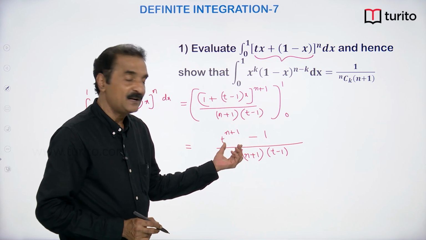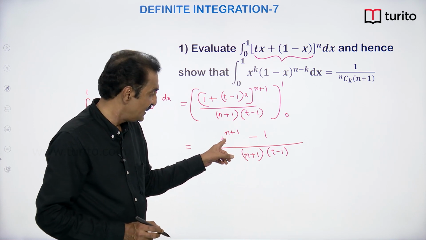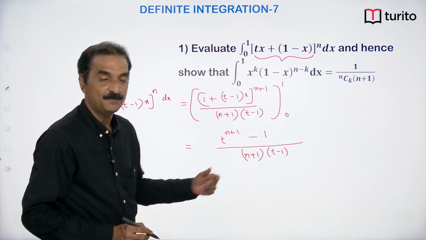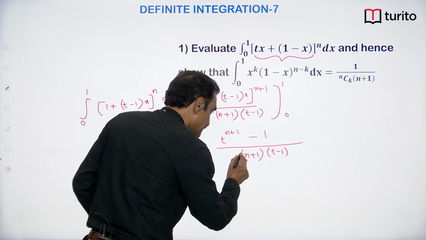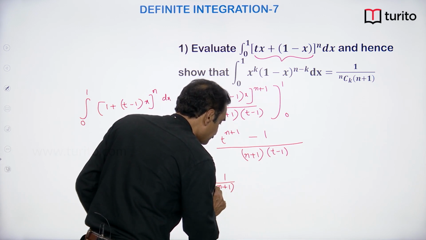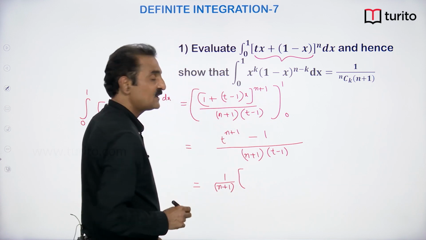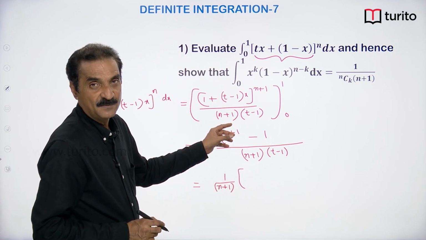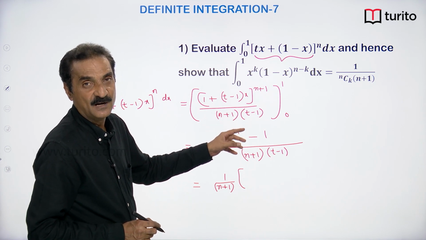If you want, you can write it as a sum of a GP. See, (t power n plus 1 minus 1) by (t minus 1) is nothing but the sum of a GP. We can write 1 by (n + 1) into, what is that GP? The sum of a GP of n terms is a into (r power n minus 1) by (r minus 1).